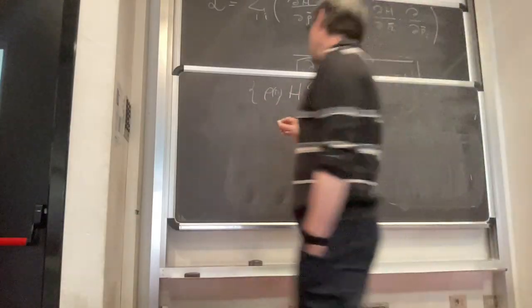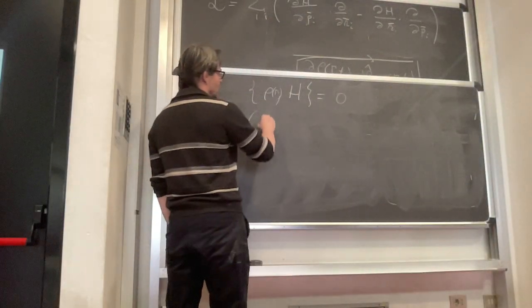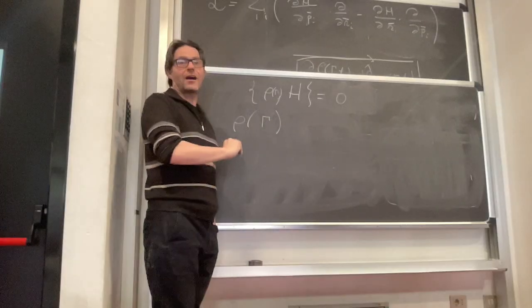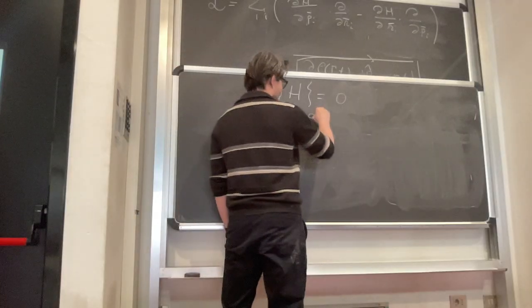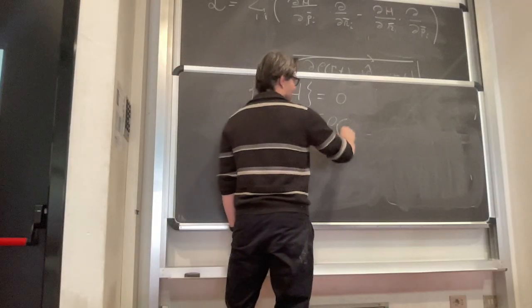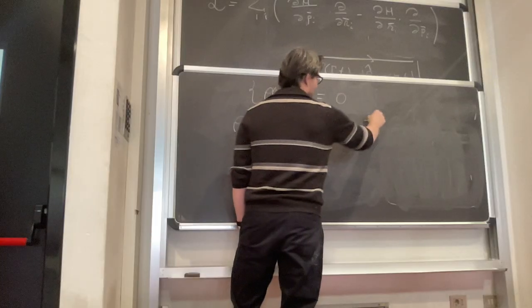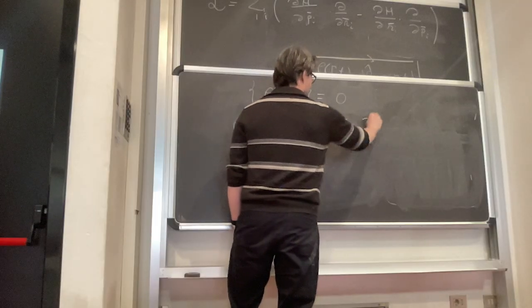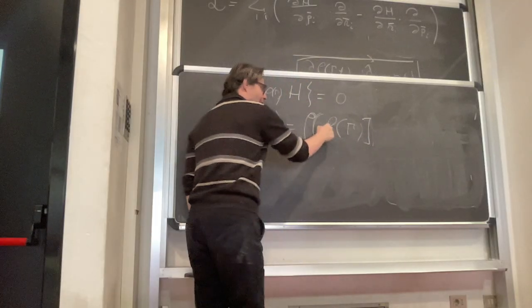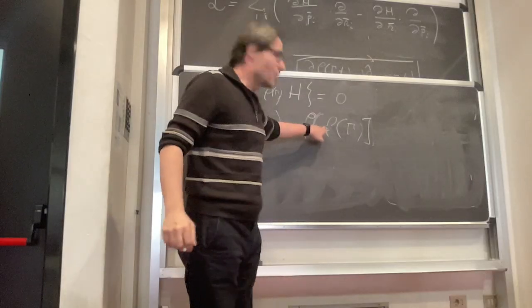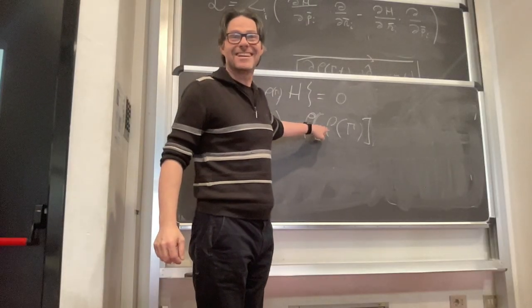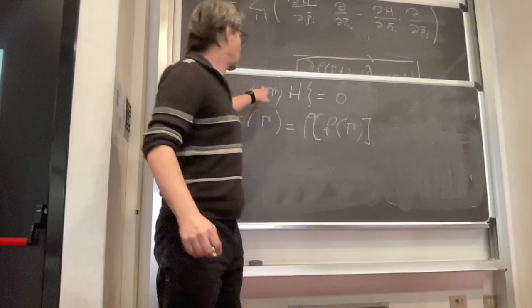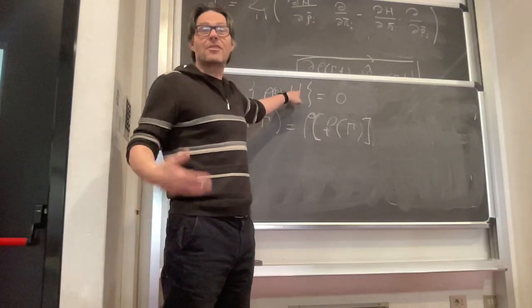Well, they are the distributions that depend on the phase space variable through functions f, and f is a conserved quantity. Think about it. The commutation with H implies conservation.